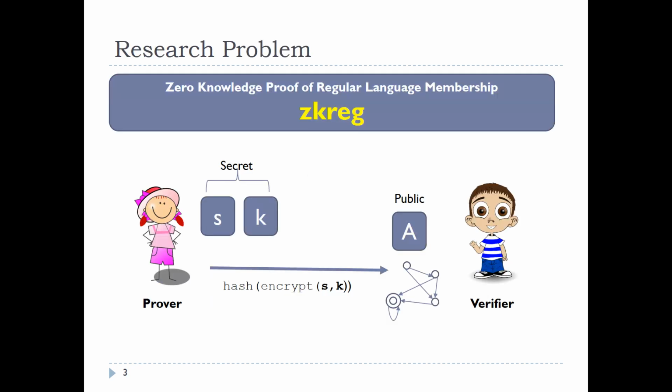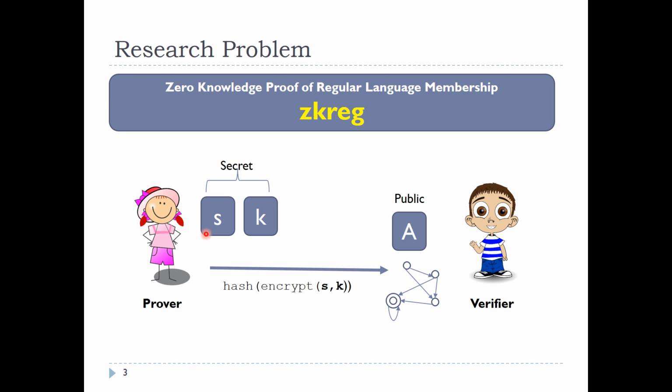Since nowadays most of the prevalent virus scanners and intrusion detection systems use regular language for specifying the policy sets or signature sets, we call this problem the zero-knowledge proof for regular language membership.